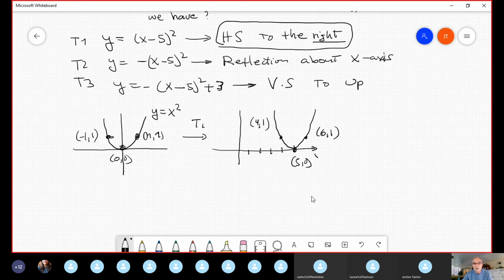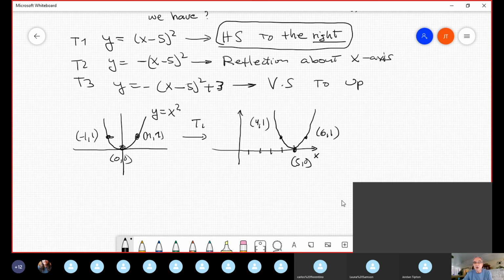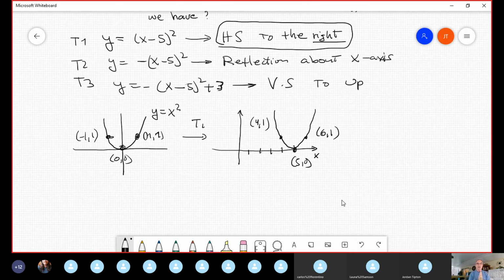Everyone follow me? Everyone understand this very well? Okay. What part no, Jordan? Okay. You are clear that the transformation number 1 is x minus 5, so you're subtracting 5. I need to know by memory that this is horizontal shift to the right 5 units. So the basic parabola is moving 5 units to the right, point by point. Point by point means that the x component changes.